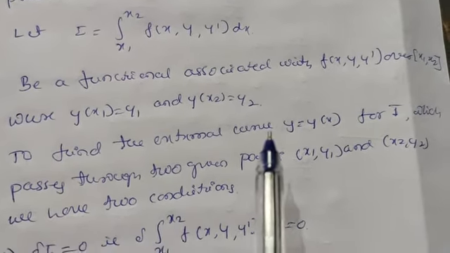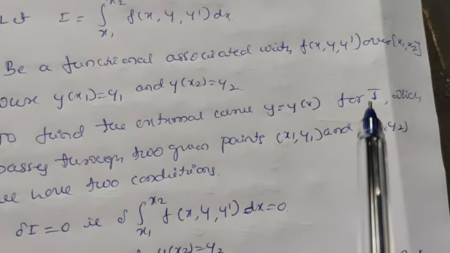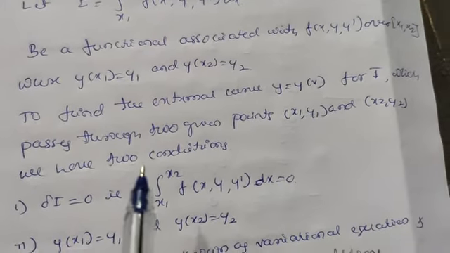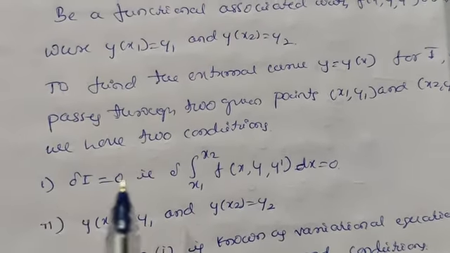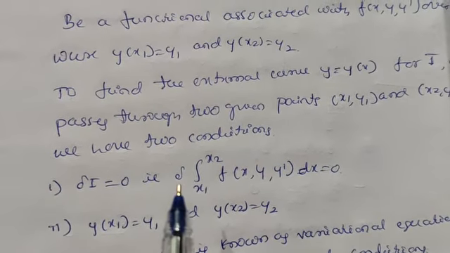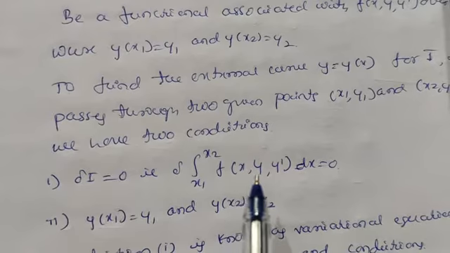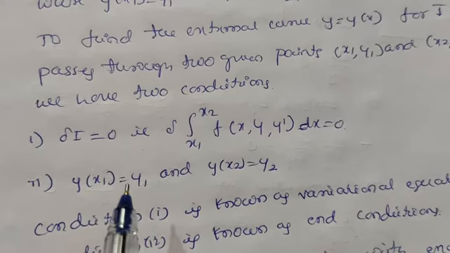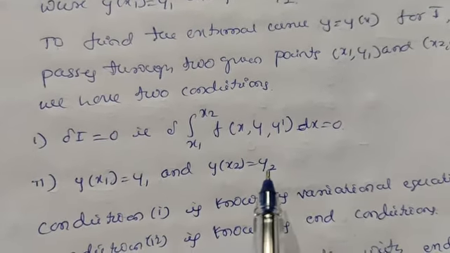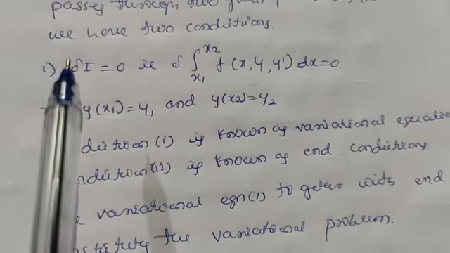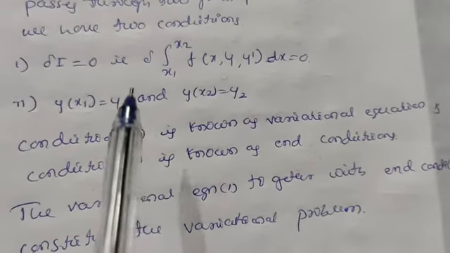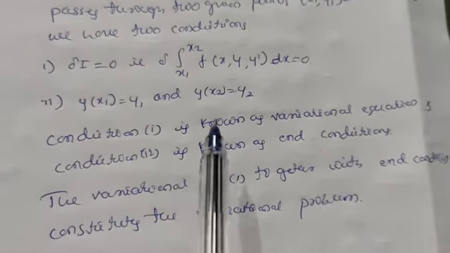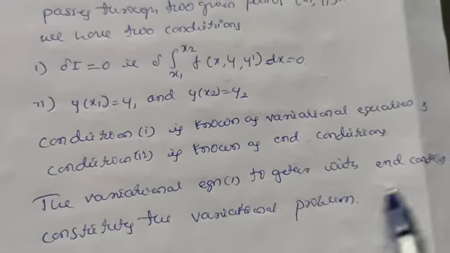To find the extremal curve y = y(x) for I which passes through the 2 points (x1, y1) and (x2, y2), we have 2 conditions: delta I = 0, that is delta of integration from x1 to x2 of f(x, y, y') dx = 0, and second one is y(x1) = y1 and y(x2) = y2. And this first condition is known as variational equation and second condition is known as end conditions. First condition along with the second condition is known as variational problem.